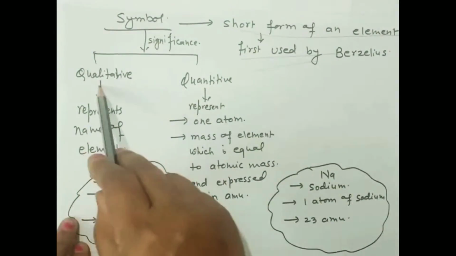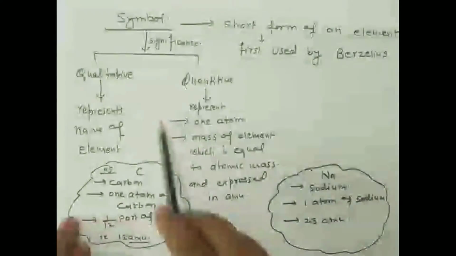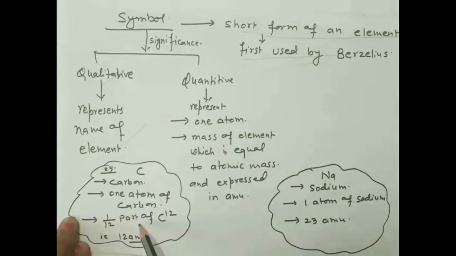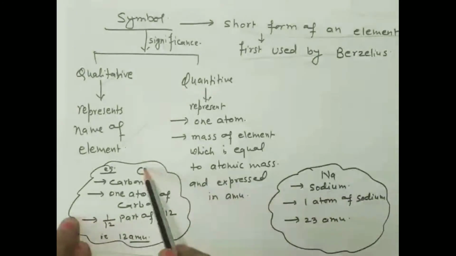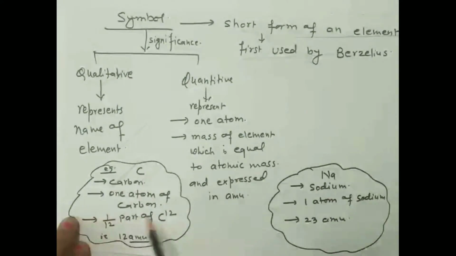Number one, qualitative. Qualitative means it represents the name of the element. As for example, if we are writing C, C means the name of the element, that is carbon. It is qualitative information that we are getting from the symbol.